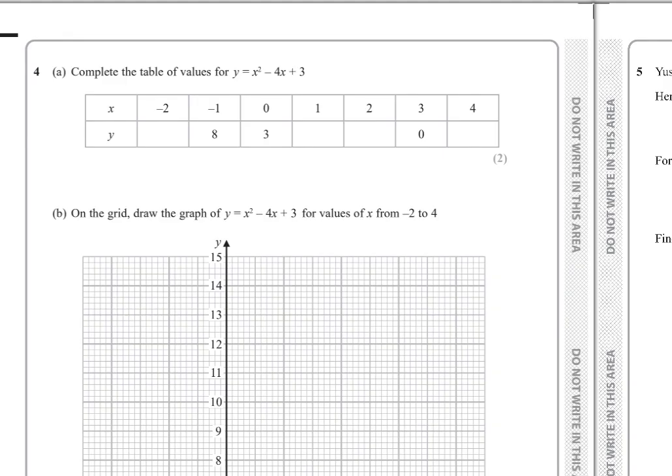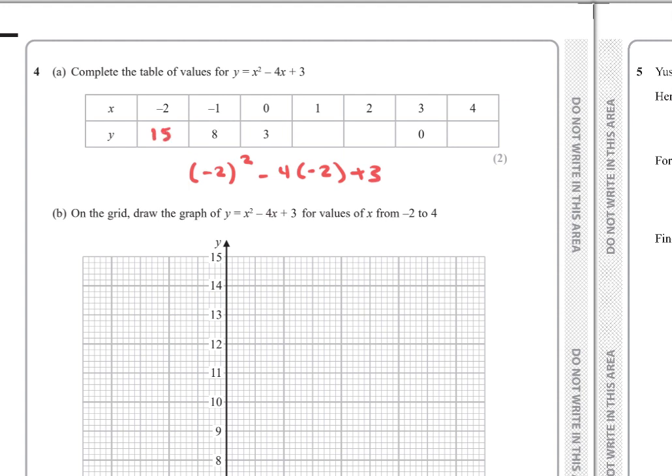Number 4a, complete the table of values for y equals x squared minus 4x plus 3. So to complete, use your calculator, substitute x equal -2 and find y. So -2 squared minus 4 times -2 plus 3 equals 15.